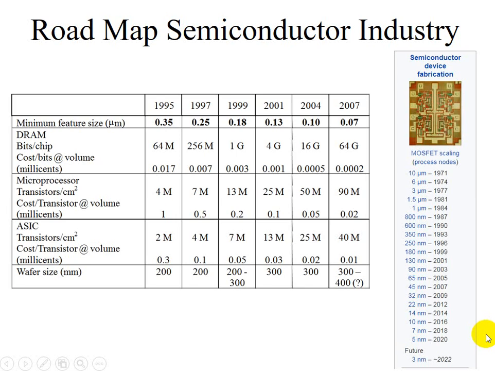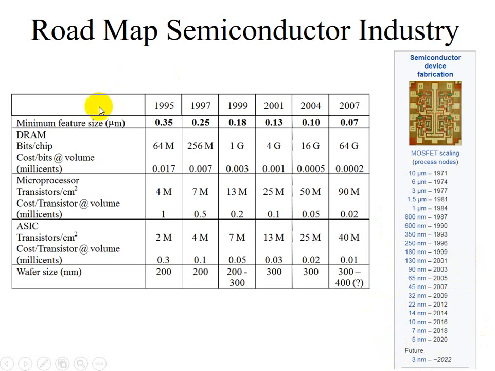Right now we have students working as interns at TSMC, the world leading company in IC fabrication, at the 3 nanometer fab. You have to push your technology to a feature size within 10 nanometers, so you can have billions of transistors inside a chip.